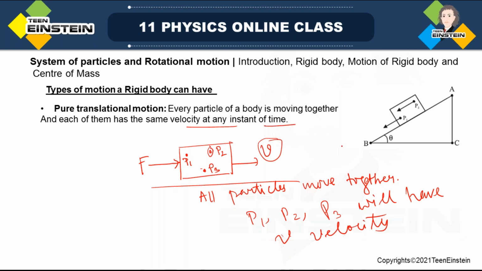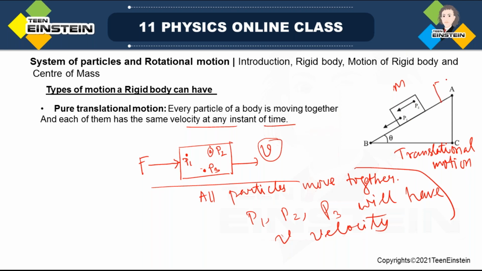The same thing is shown here. This is also an example of translational motion, or translatory motion. There can be many names. This is a block of mass m, and it has many particles, as you know, a system of particles.